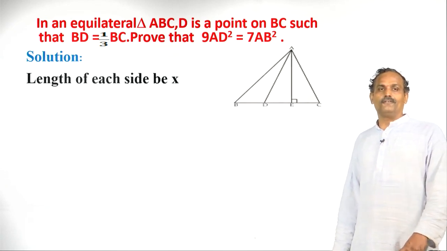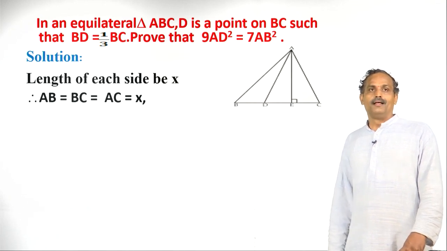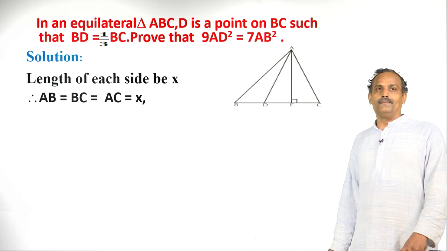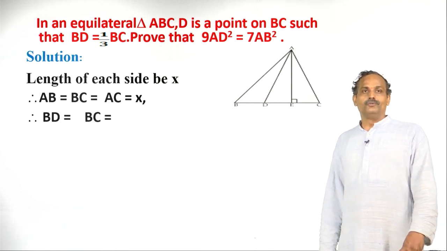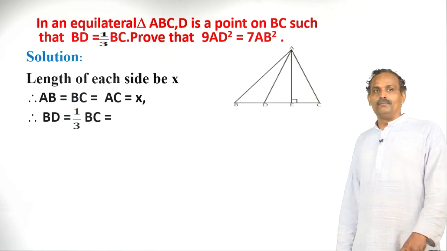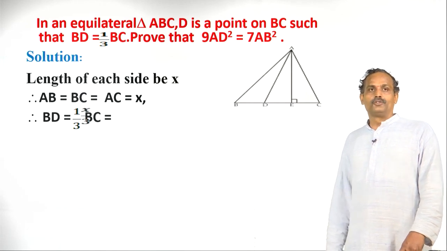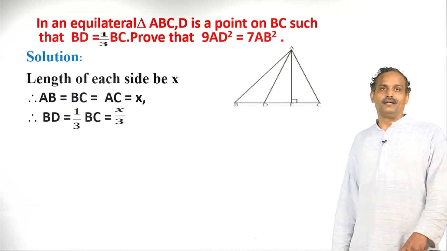Now, let us assume the length of each side is x. Therefore, AB, BC and AC are all equal to x. Now, what is BD and what is BC? BD is 1/3 of BC, it is given. Let us substitute BC as x. So, it is x by 3.